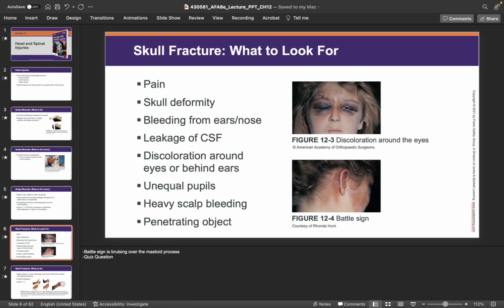Anytime you get leakage of CSF, or cerebrospinal fluid, that's a new word for you guys. You'll be able to see this as I type this down on the notes so you can see what it looks like. Cerebrospinal fluid. That's what CSF stands for.